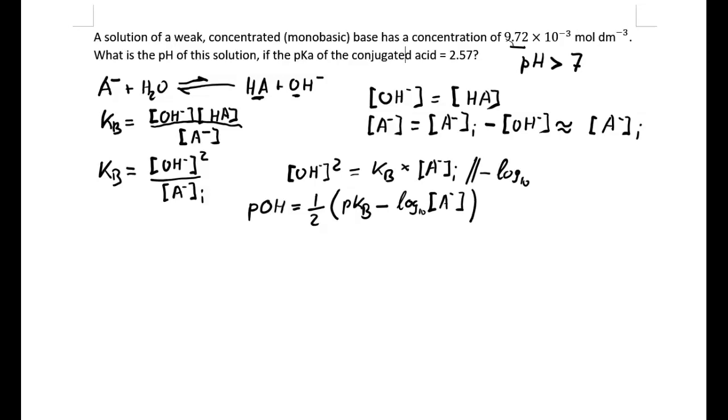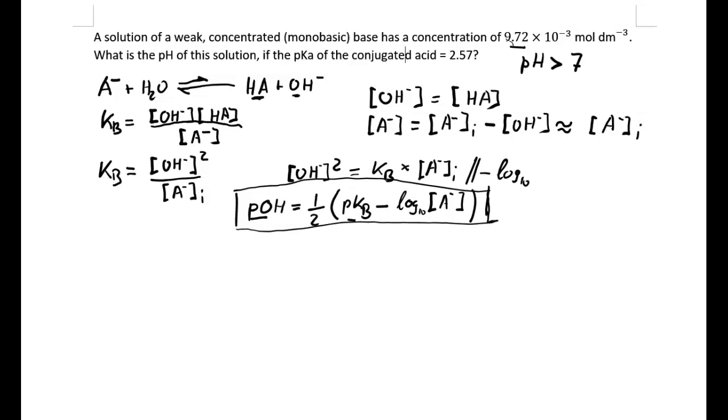And this is really the equivalent equation to what we can do when we are dealing with a weak acid. Now it is just simply for a base. So we've got pOH and we've got pKb.